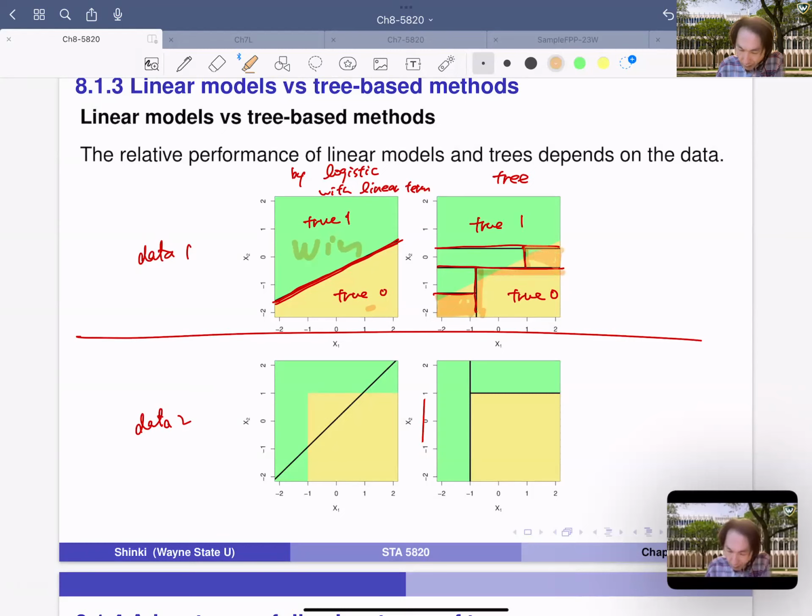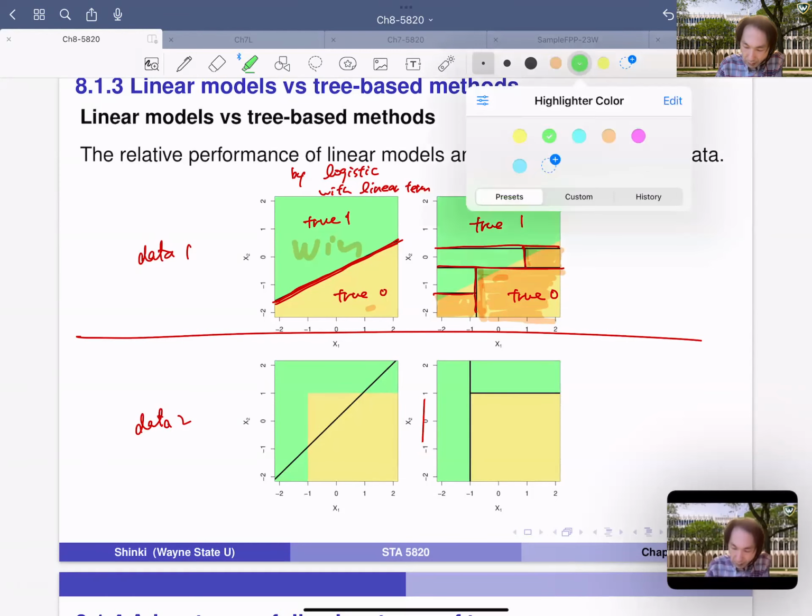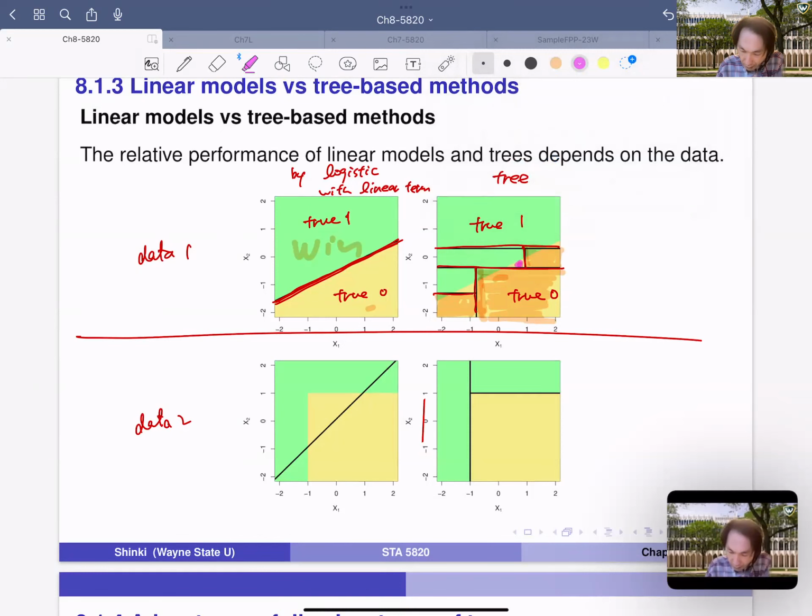So these three regions are classified as 0, but we have some errors, right? So we have errors here, and errors here, errors here, and errors here. So we have some errors here again, also here. So basically the left-hand side is better.